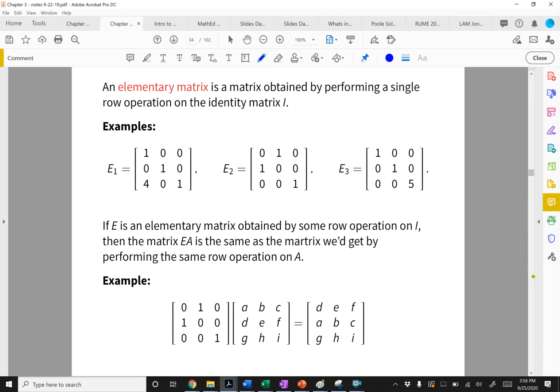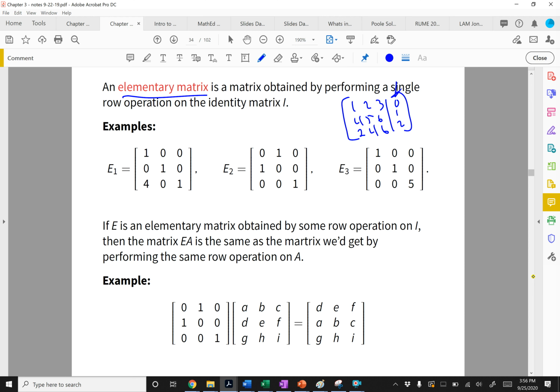This is something I'll talk more about in class, but an elementary matrix is a matrix obtained by performing a single row operation. So when we were doing row reduction of an augmented matrix, we're doing row operations, but each row operation we could actually do by multiplying the coefficient matrix and this augmented vector by another matrix.